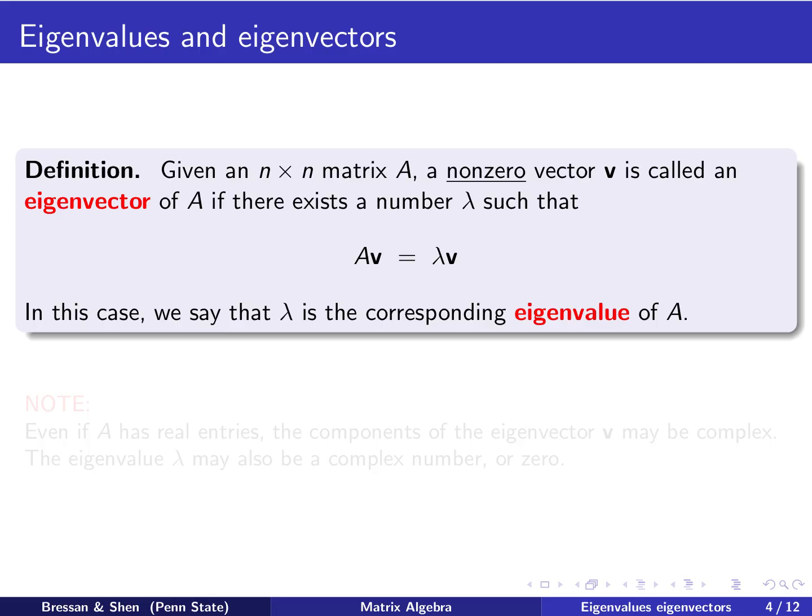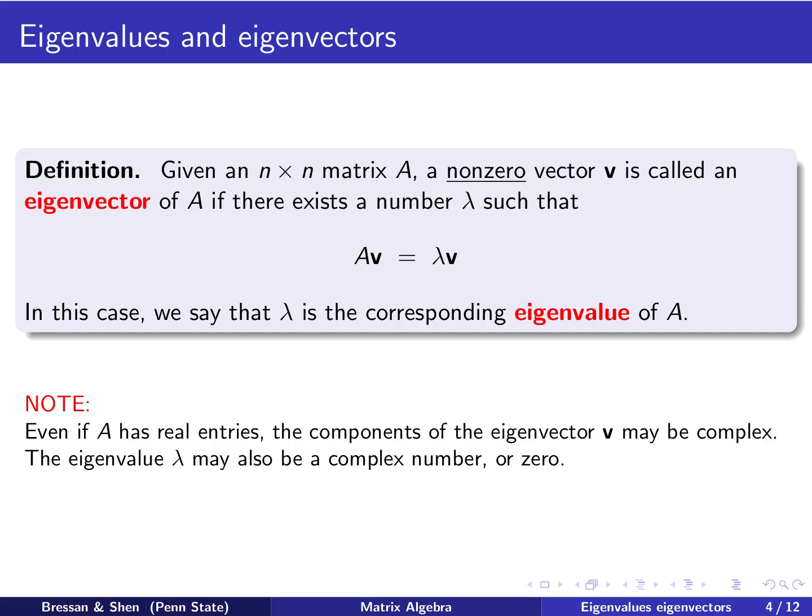This is important: it has to be non-zero. It means the linear transformation A times v does not change the direction of the vector. It gives a vector in the same direction, and lambda is the rescaling of the amplitude. In this case, we say that lambda is the corresponding eigenvalue of A.